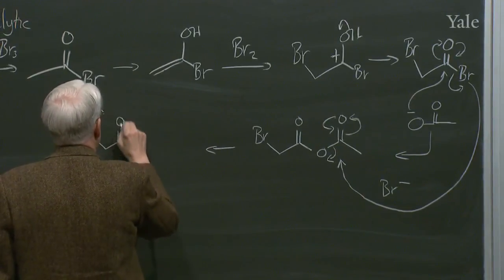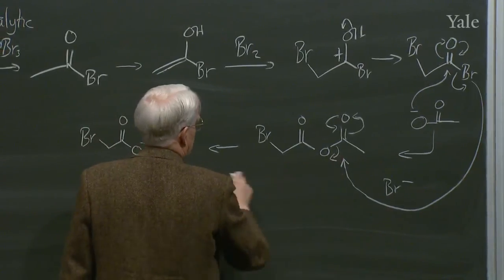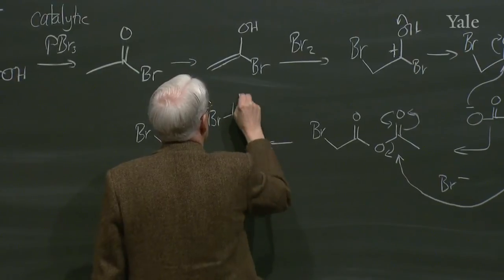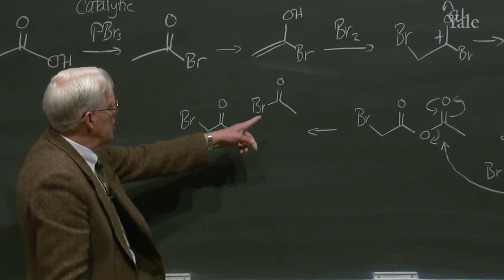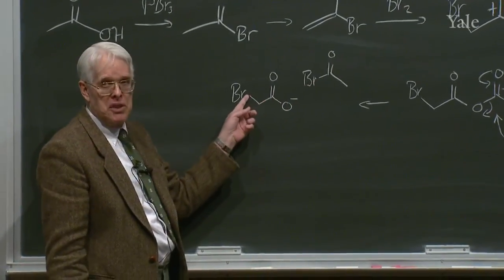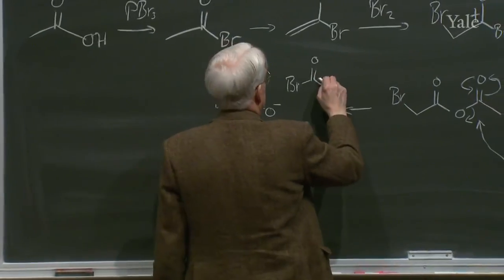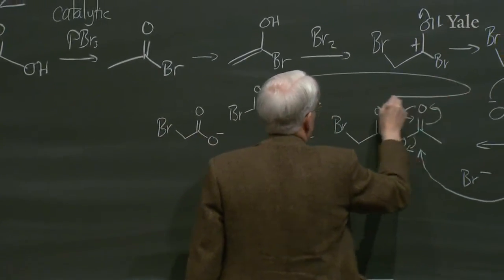So now we have the acid plus the other product you can see, the acid bromide. So we traded which one was acid bromide and which one was carboxylic acid. So now this can give this, and this is a cycle that goes around.